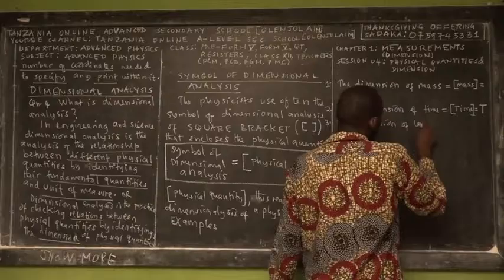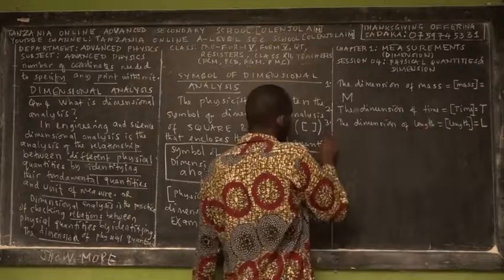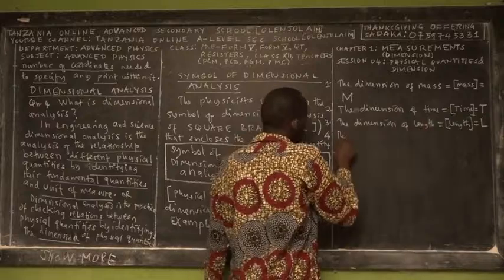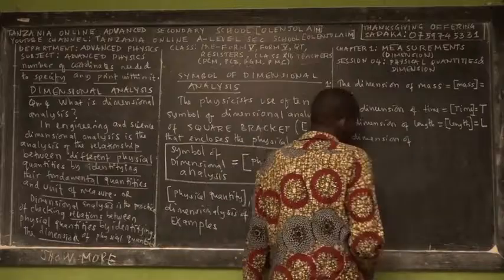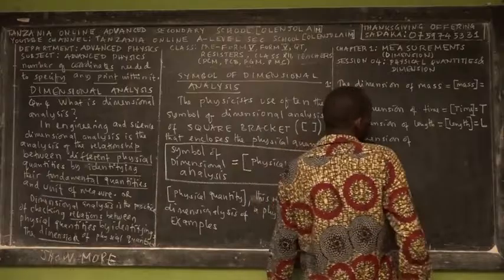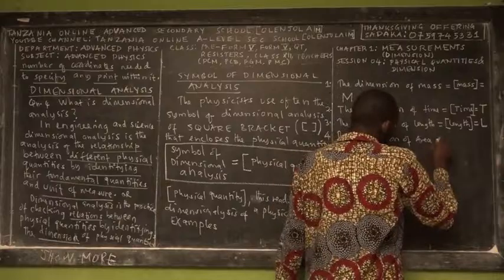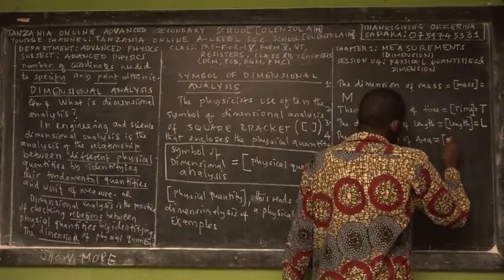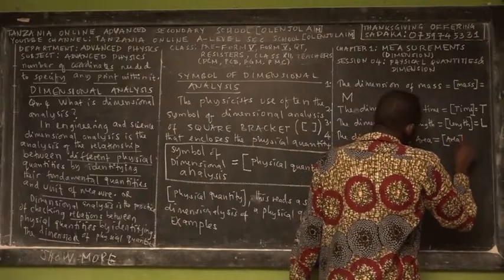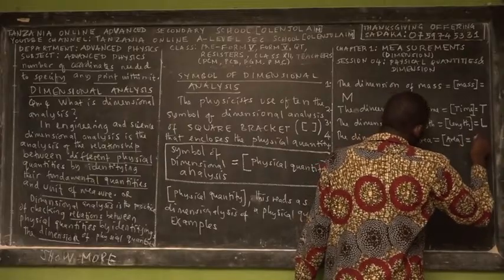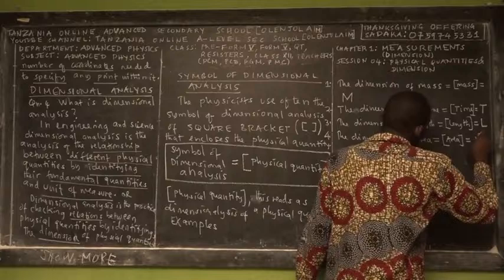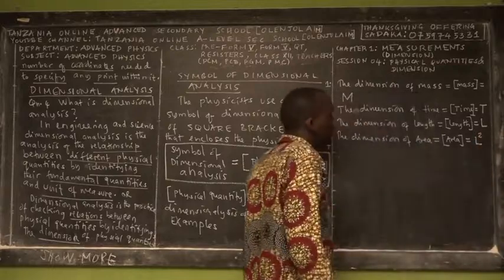To capital letter L. More examples. For example, the dimension of area, which is a relative physical quantity that I will teach you, is equal to the dimension of length squared, because area is always a product of two sides of the geometrical figure.